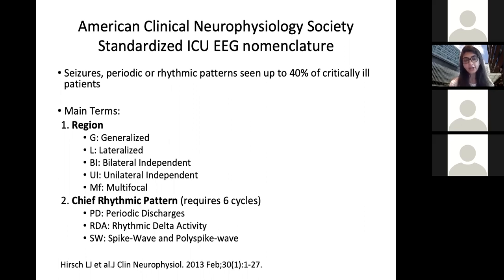Periodic and rhythmic patterns that don't meet the qualifying definition for seizures, but are suggestive of cortical irritability, are now being increasingly recognized. In fact, I think if many of you look at our reports for patients in the ICUs that are being monitored, more often than seizures, there are reports of periodic and other rhythmic patterns. And so, of course, there's been a growing interest in what is the diagnostic and prognostic significance of these patterns.